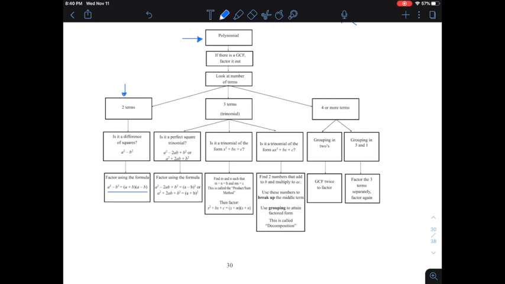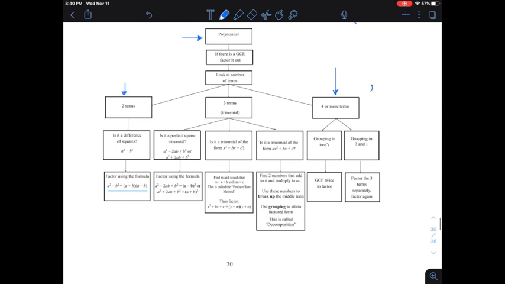Okay? Now, if there are 4 terms, we'll go here next. If there are 4 terms, chances are you're going to have to group in 2s, meaning you would have 2x plus xy minus 10x squared minus 5x squared y.